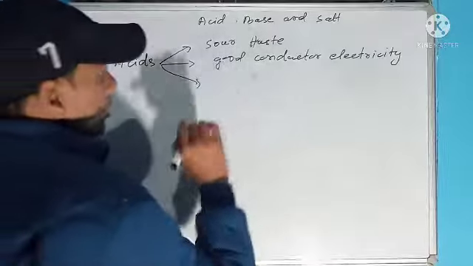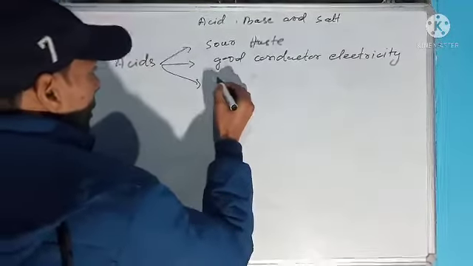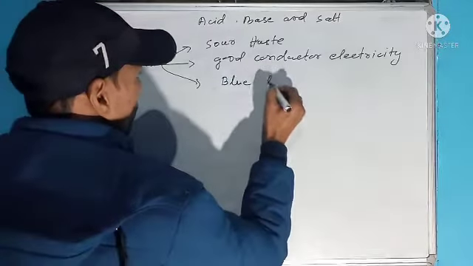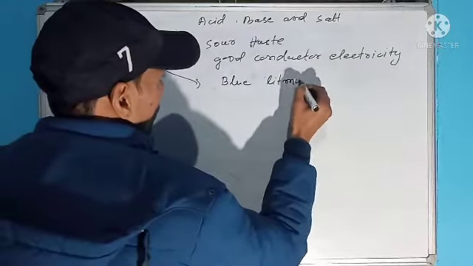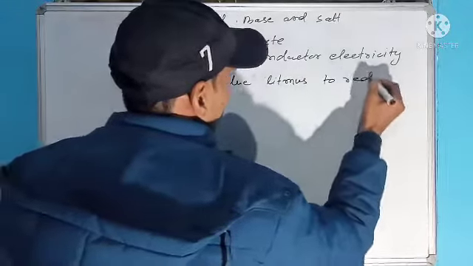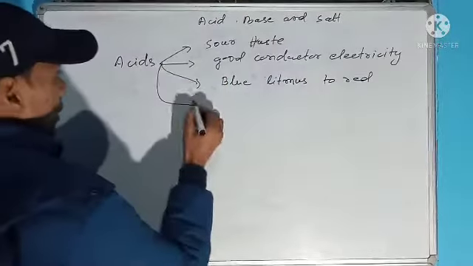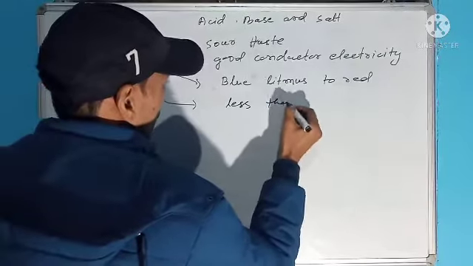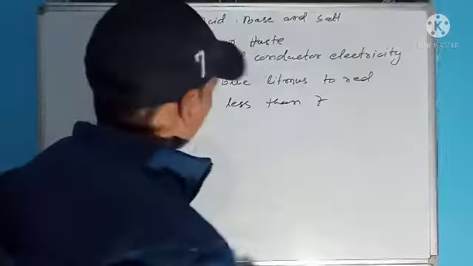It is a good conductor of electricity. It turns blue litmus to red. Its pH value is less than 7.